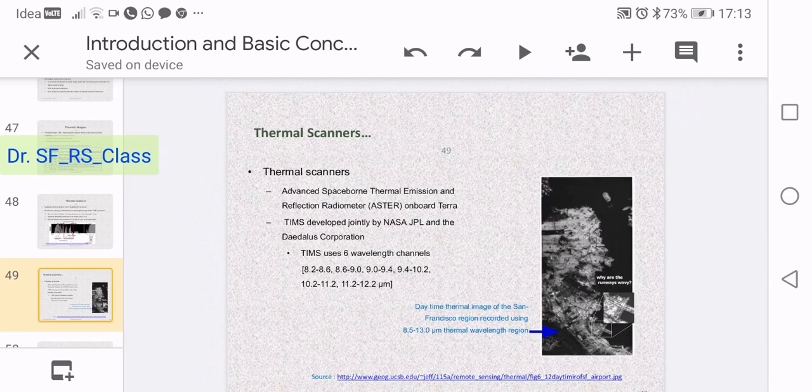We can utilize this for the daytime and nighttime imaging, since the Earth objects have got their own emissions, absorbing the heat from the electromagnetic radiation. So its own emission can be mapped both in the day and in the night. But in the case of visible spectrum, with reflected energy, we can only do the mapping in the daytime.